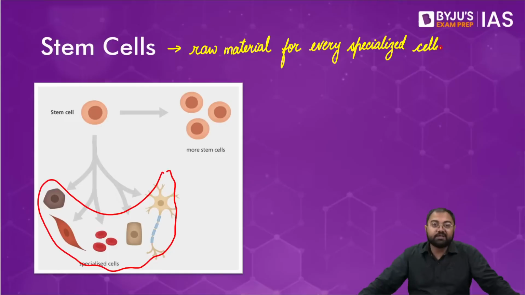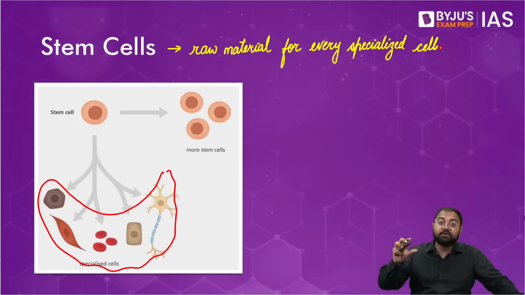These are the unspecialized cells which will grow into a specialized cell. Whether it is a heart cell, skin cell, red blood cell, white blood cell, nerve cell, muscle cell, they all come from stem cells. The origin of all these different cells is the stem cell.